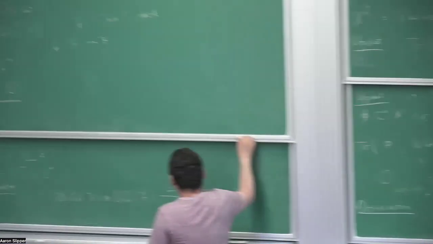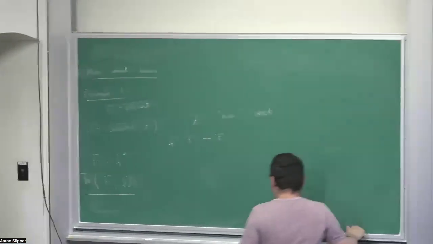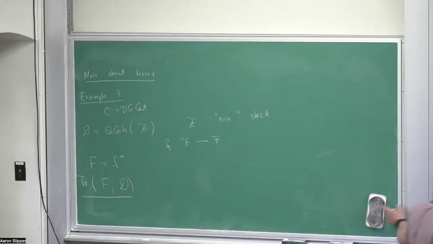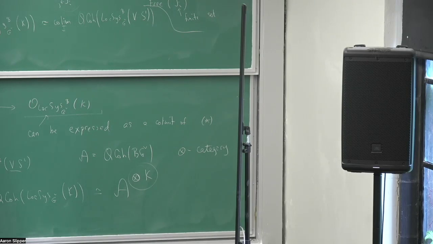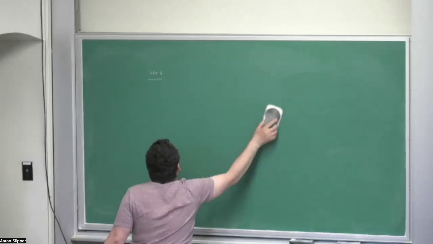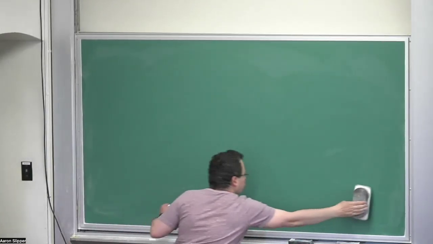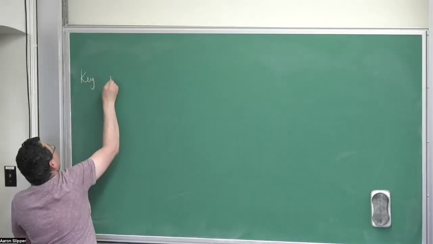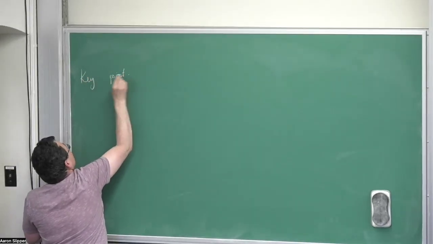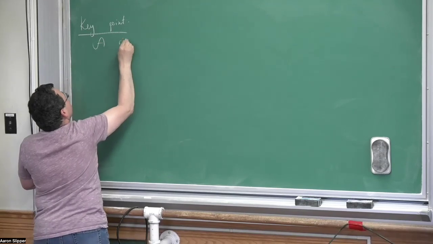I'll do it in this level of generality. It will really be a statement about tensor categories and what this operation does. But there's a restriction that one has to make. The key point is that A is rigid.